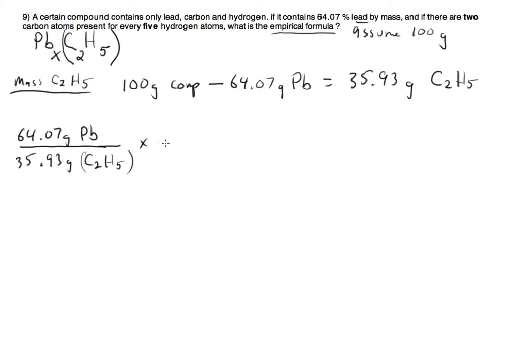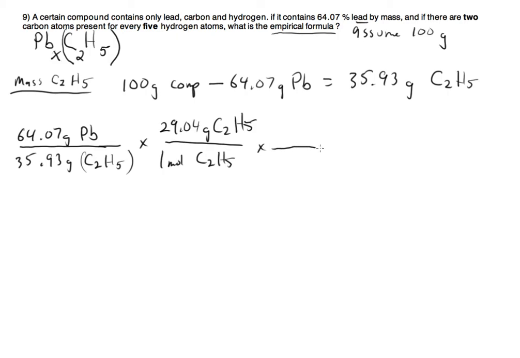All right, so I'm going to change both of these to moles. I'm going to change this bit of the molecule to moles. That's 29.04 grams C2H5 per mole. We just looked that up on the periodic table and added it up.